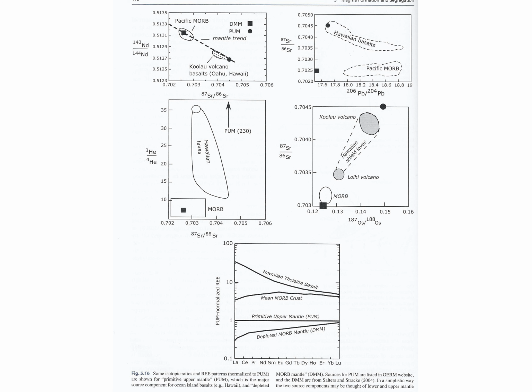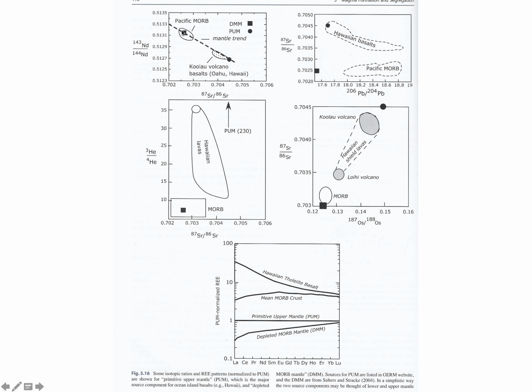And now we are comparing them. For example, here we have the comparison between neodymium isotopes and strontium isotopes. They are lying here on the line of the mantle trend.